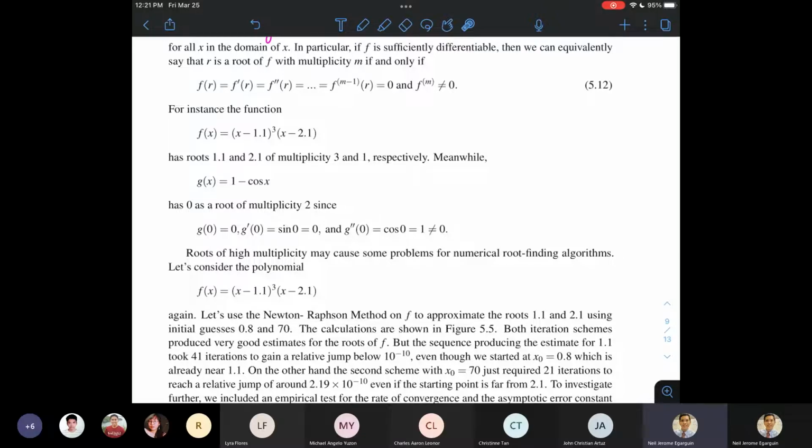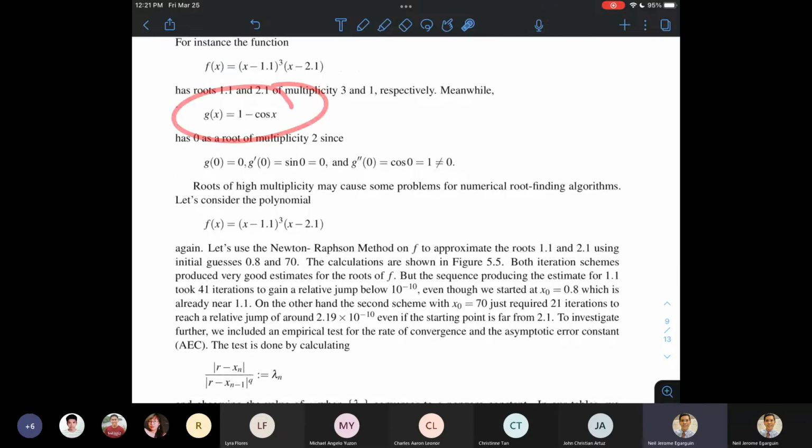Okay? But it would be a different story if we look at g, which is 1 minus cosine x. Definition 5.11 will not be convenient in this form because how can we factor out an x minus something here, right? Kasi cosine yan. So we use definition 5.12 and look at, halimbawa, si 0.